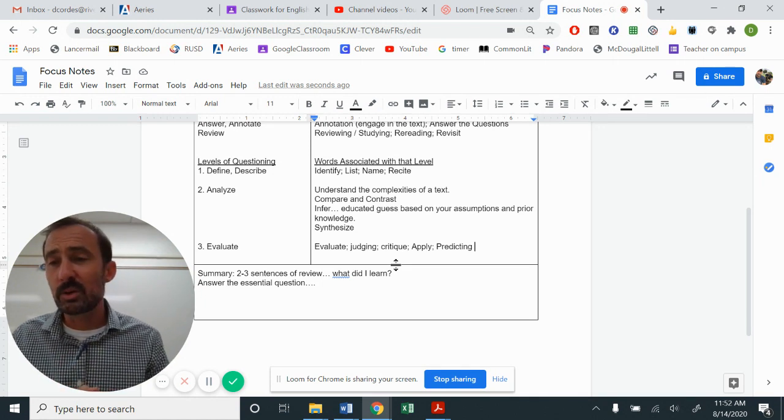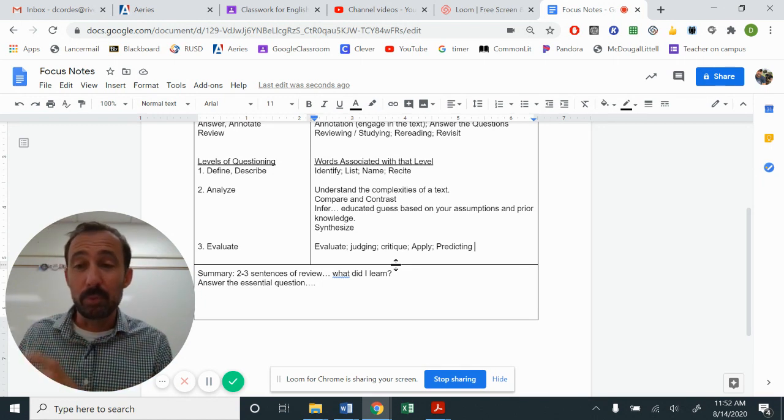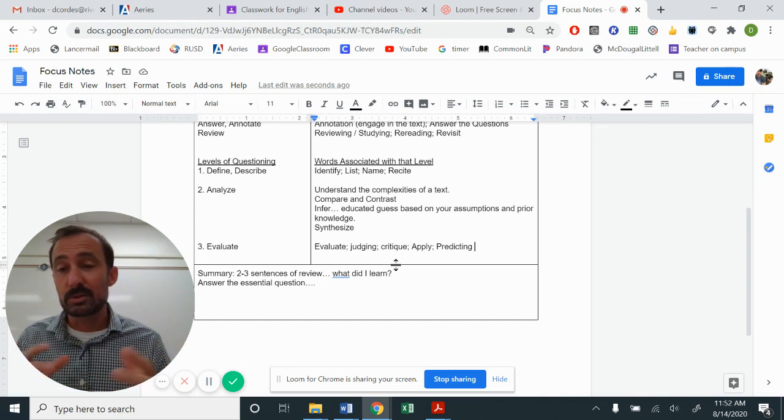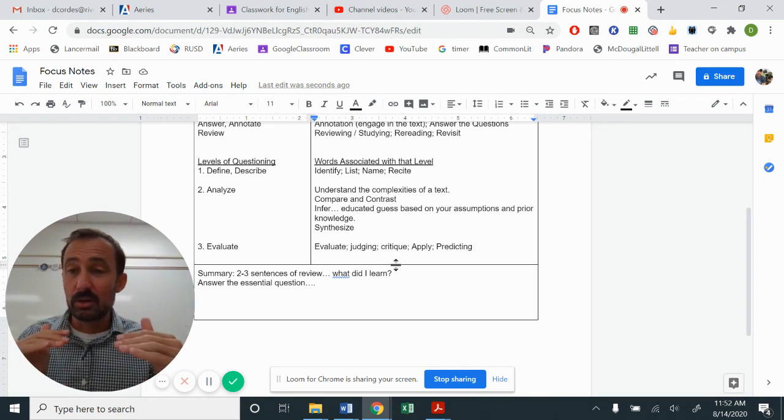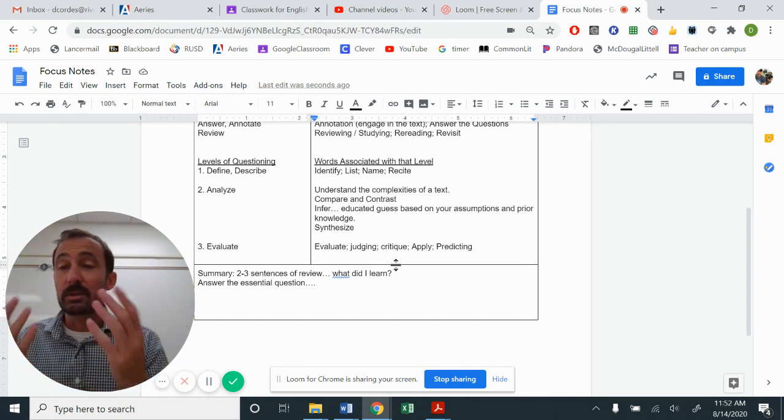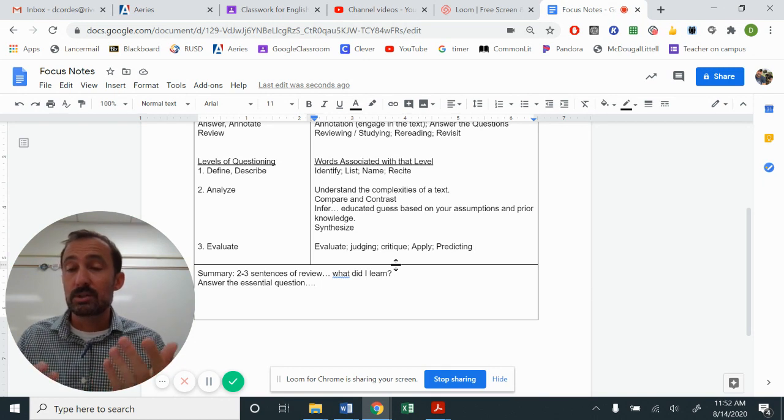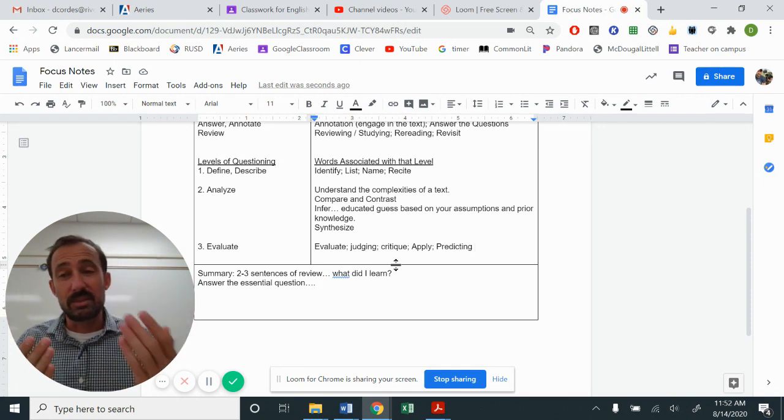Okay. I love going to the movies, especially after I've read the book. Obviously I'm an English person, so I read the books first, but I evaluate and judge and critique, which is a third level idea of questioning. I compare it to the book. So I'll sit there for The Hunger Games or Harry Potter or Percy Jackson, A Series of Unfortunate Events, and I will evaluate the two and be like, okay, the book did this, the movie did this.